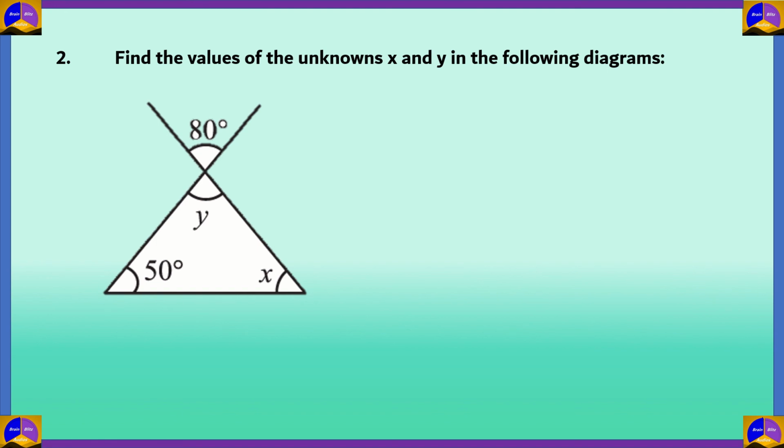So in this question, we can see that angle y and angle 80 degrees, they are opposite to each other and they form an x. Now these both are called vertically opposite angles, and vertically opposite angles are always equal.